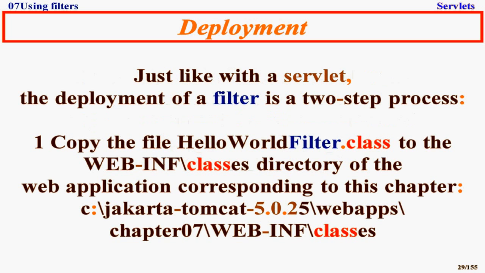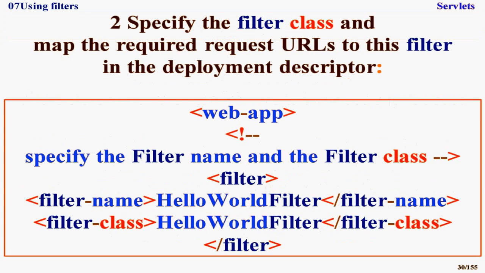Just like with a servlet, the deployment of a filter is a two-step process. One, copy the file HelloWorldFilter.class to the WEB-INF\classes directory of the web application corresponding to this chapter, C:\Jakarta Tomcat 5.0.25\webapps\chapter07\WEB-INF\classes. Two, specify the filter class and map the required request URLs to this filter in the deployment descriptor.